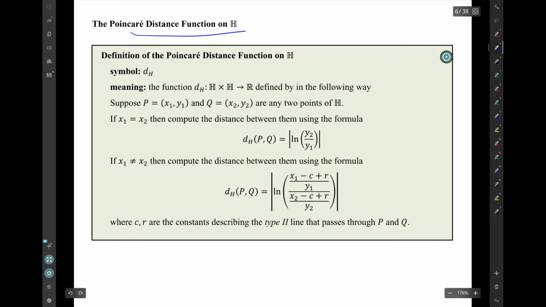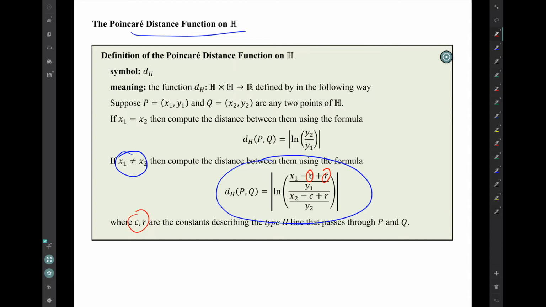On the other hand, if the 2 points have different x-coordinates, then you have to use this very messy formula to find the distance between them. And that formula involves the center and the radius of the type 2 line that passes through P and Q. So you have to first find the value of C and R, and then use them to compute this mess.